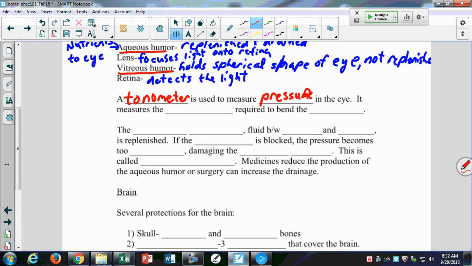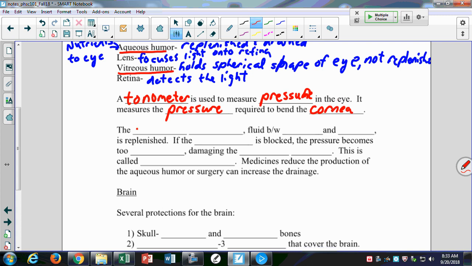It measures the pressure required to bend the cornea. They numb your eyeball, and they literally take the stick and press it down. A tonometer is a little poof of air in your eyeball. I have a video. Actually, let's do this, and I'll show you the video.